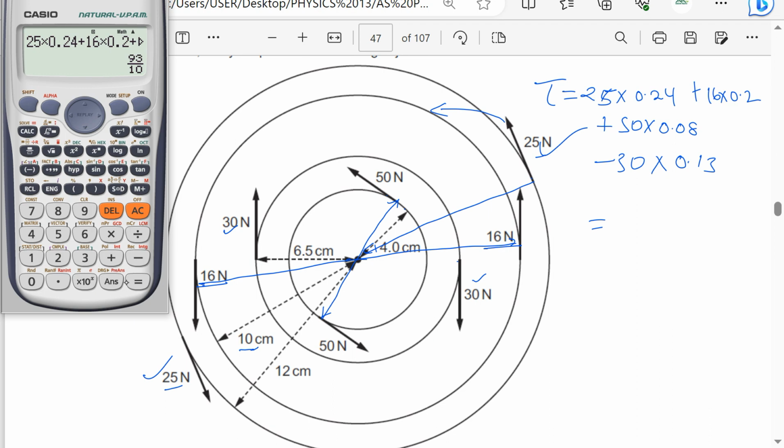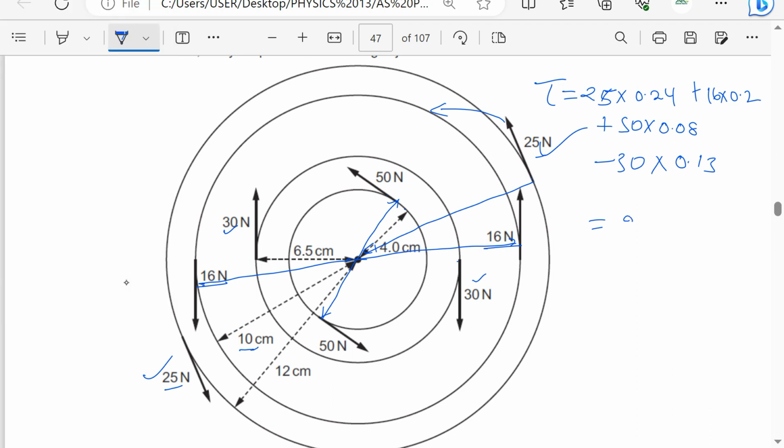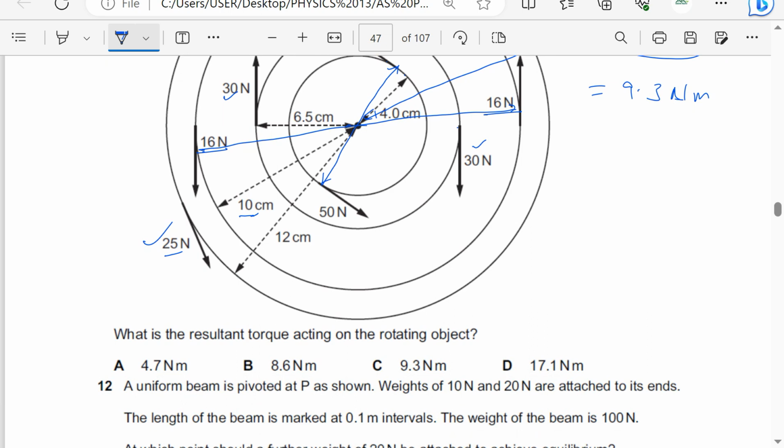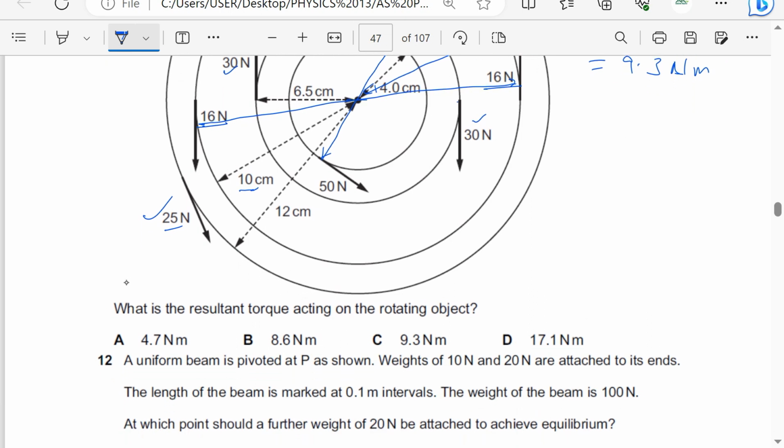So this is giving 9.3 Newton meters. Of course, the total sum of the anti-clockwise moments is bigger than the sum of the clockwise moments. So I think the answer would be anti-clockwise, but the magnitude is 9.3.